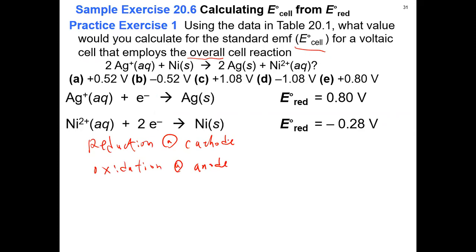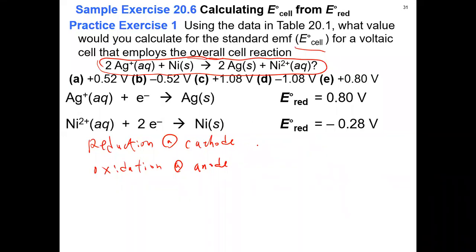Okay, and then you can see in the overall reaction on top, circled, we have Ag plus aqueous plus nickel solid produce Ag solid plus nickel aqueous. This is relatively easy. We can see the silver ion becomes silver solid, so silver has been reduced.